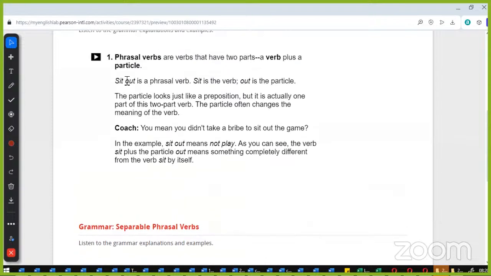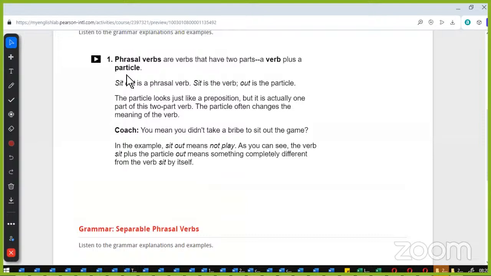There are many phrasal verbs, but this one has two parts. Of course, it has a verb plus a particle. Sit would be the verb and out would be the particle. And it has a completely different meaning from sit. I don't know if it's okay or if you have any other question here.